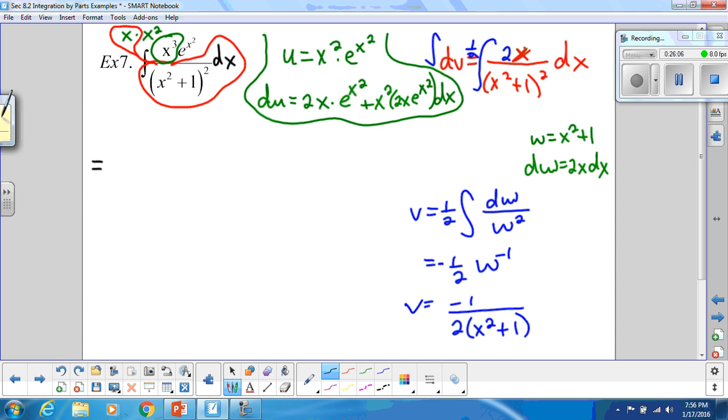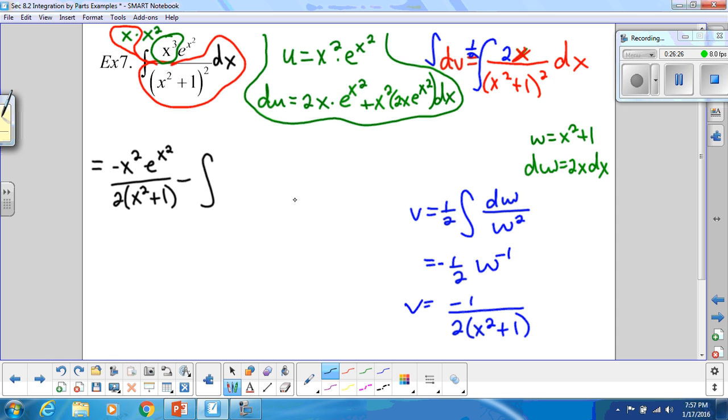So our formula says u times v. So I'm going to take this times this. So we're going to have negative x squared e to the x squared over 2 times x squared plus 1, minus the integral of v du.